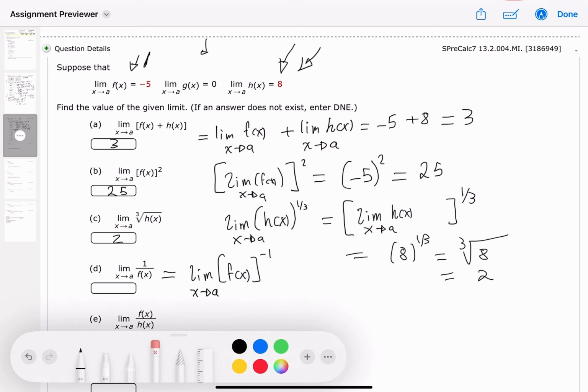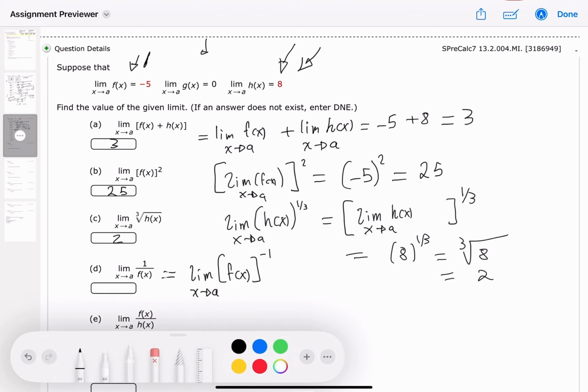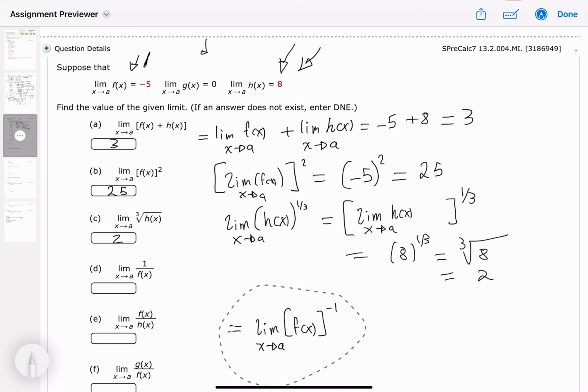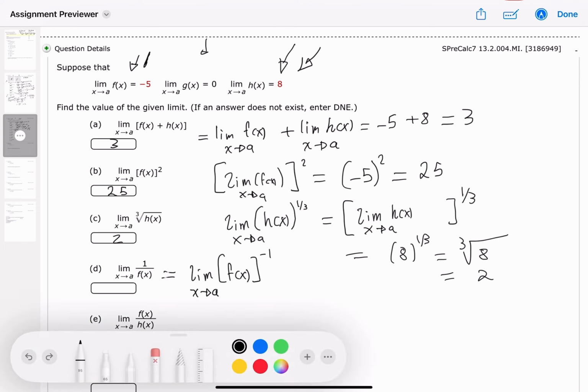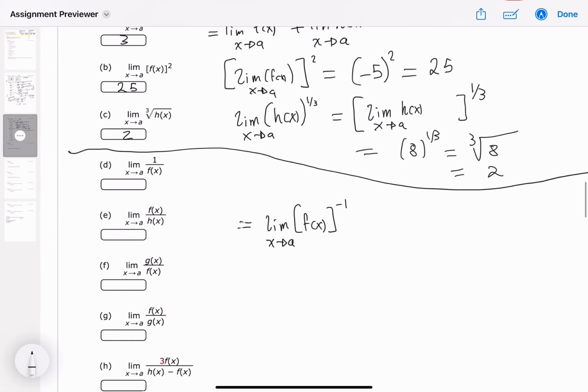Okay, let me make some space here. I will continue here.